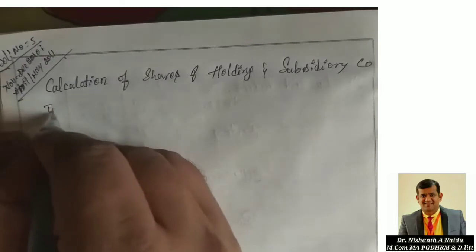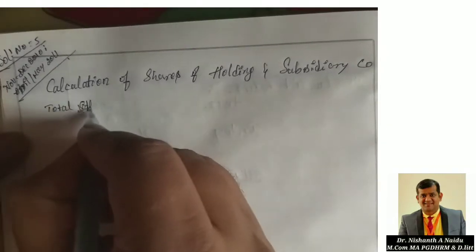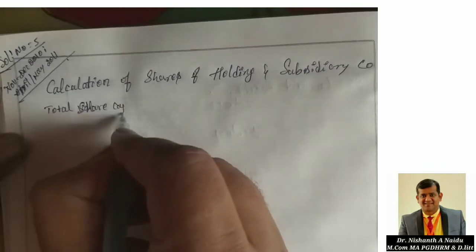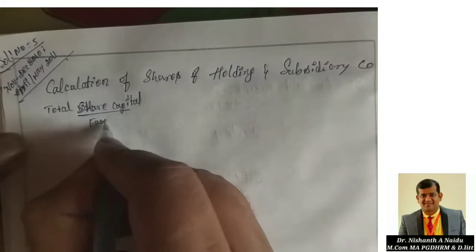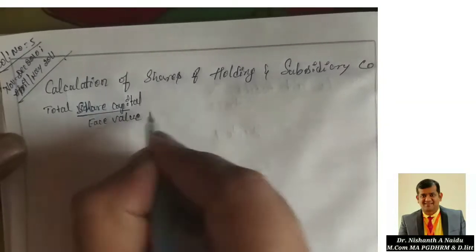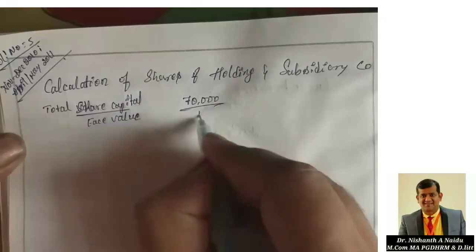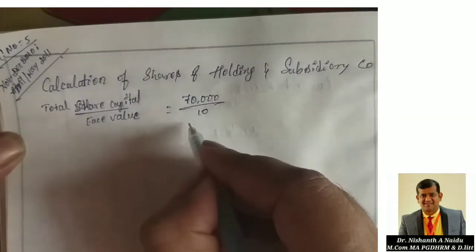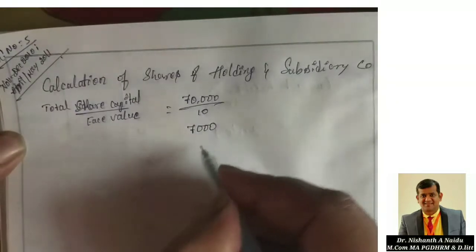Correct. So total share capital divided by face value. So Q Company Limited share capital is 70,000 rupees divided by 10. So we are going to get 7,000 shares.